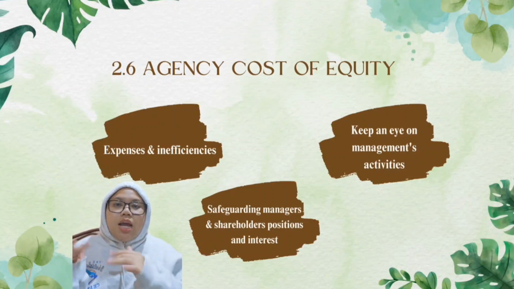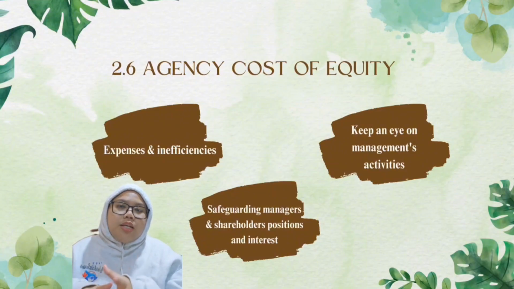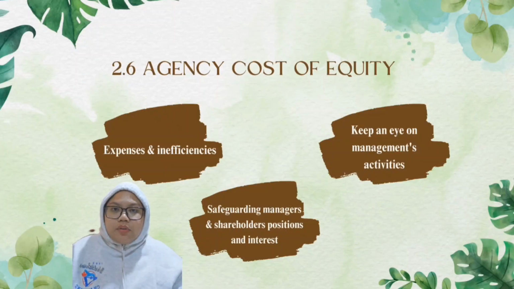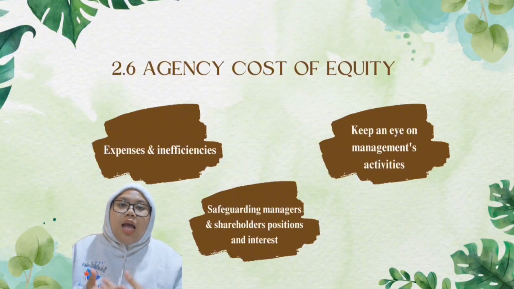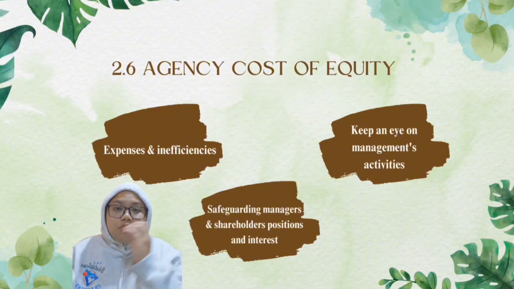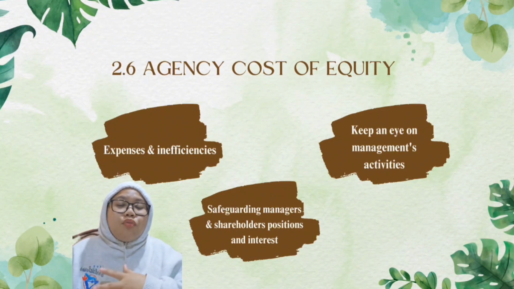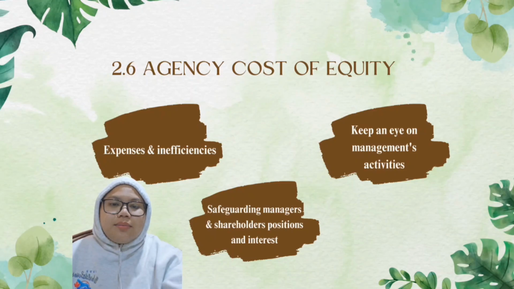Monitoring costs such as employing auditors or putting governance mechanisms in place are incurred to keep an eye on management's activities and are included in agency costs of equity. For the sake of safeguarding their positions and interests, managers may choose safer solutions, but shareholders may favor riskier tactics with the possibility of larger profits.